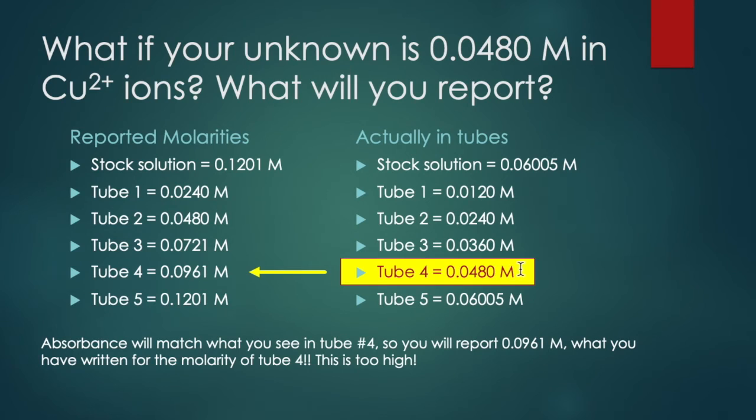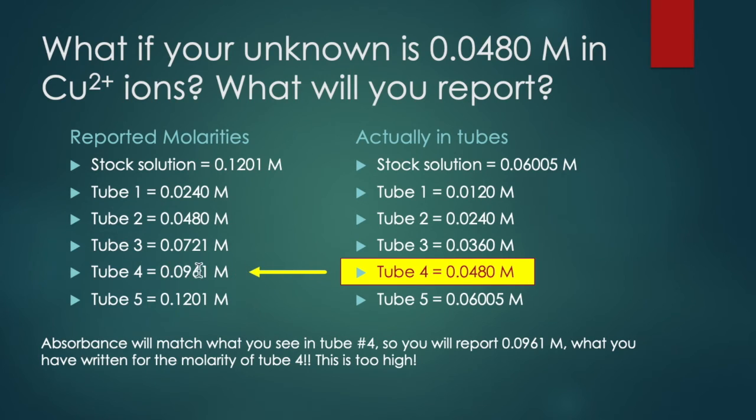If you had made your solutions the wrong way, 0.0480 molar is the concentration that tube 4 has. And so your unknown would match the absorbance results that you got for your tube 4, and it would fall on the dot that tube 4 is on your graph. And so you would report it as matching tube 4, which you say is 0.0961 moles per liter.